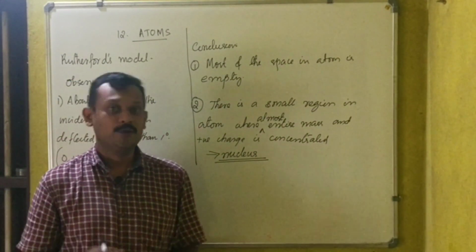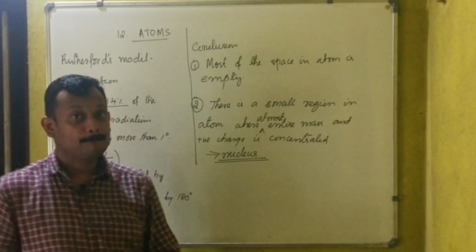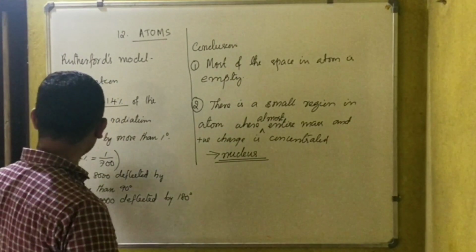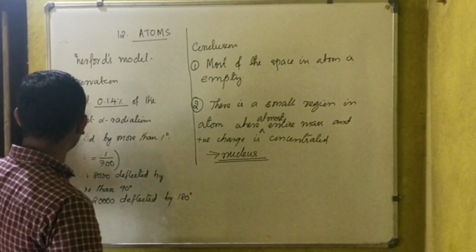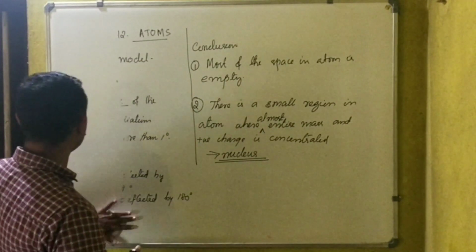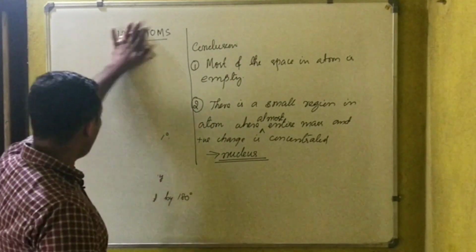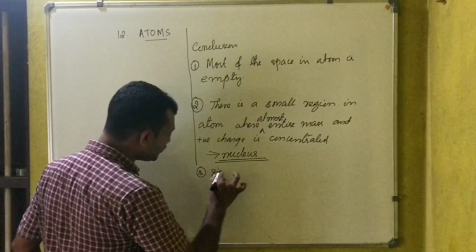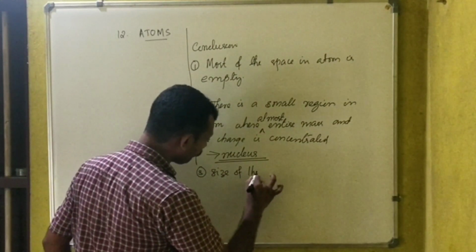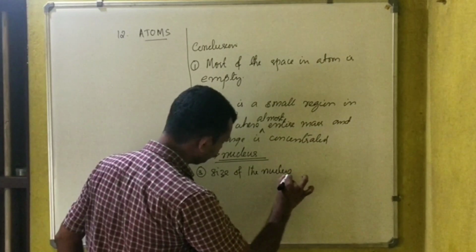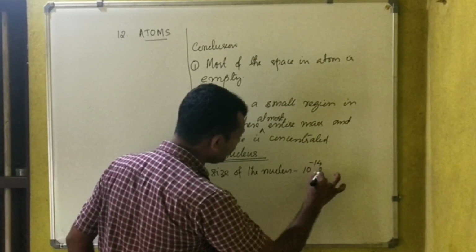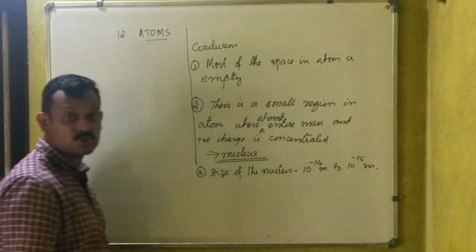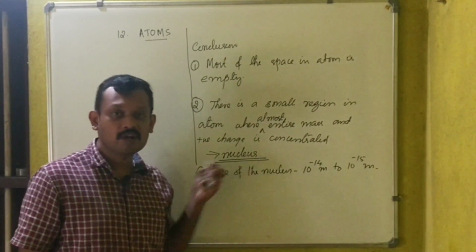Your answer should be that the model predicted the existence of the nucleus, the part of an atom where the entire positive charge and almost the entire mass is concentrated. The model also predicted the size of the nucleus, 10 raised to minus 14 meter to 10 raised to minus 15 meter. This is the size of the nucleus predicted by Rutherford's atom model.